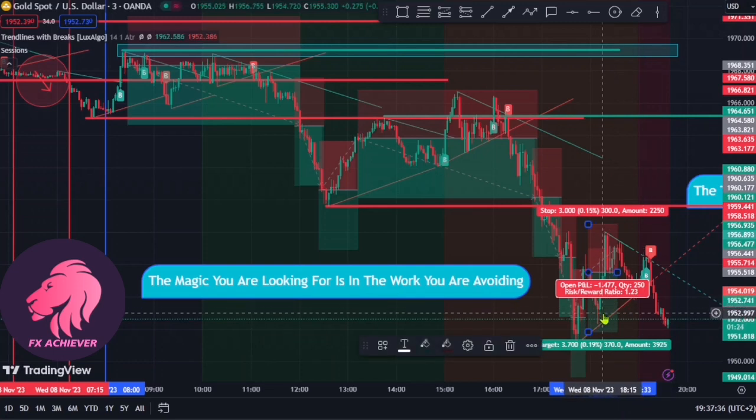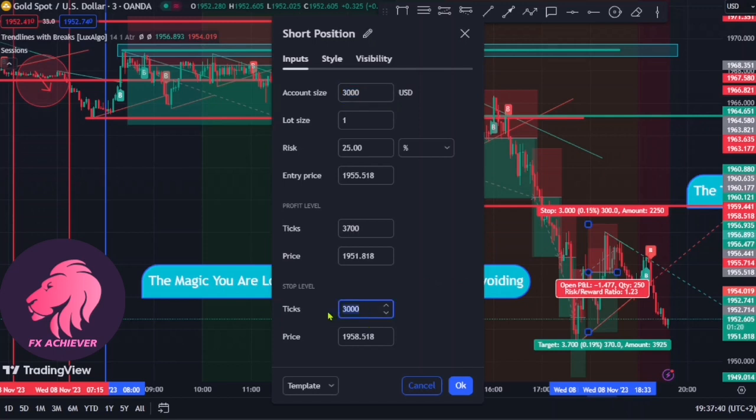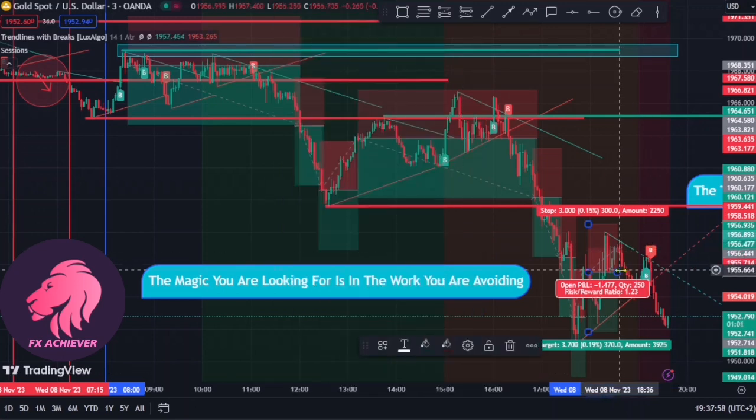And remember, I told you I keep my stop levels equal all the time, 300, and my profit target is 3,000 here, and then my profit level 3,700, just to be consistent.